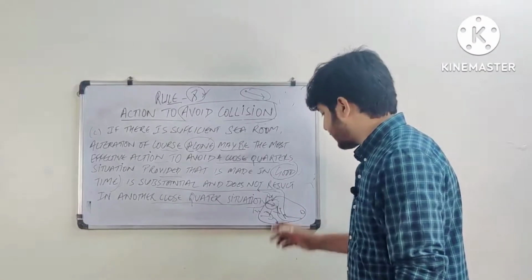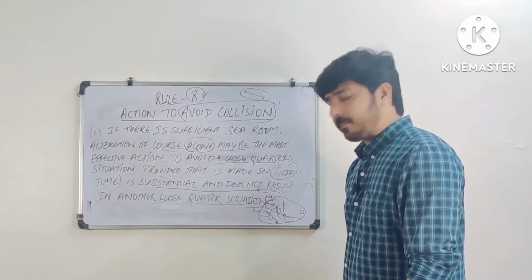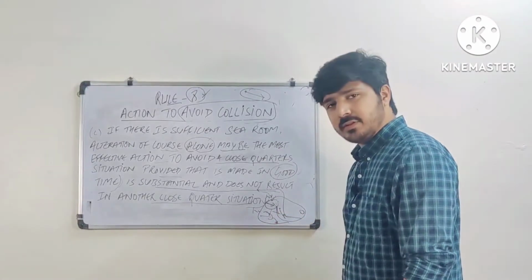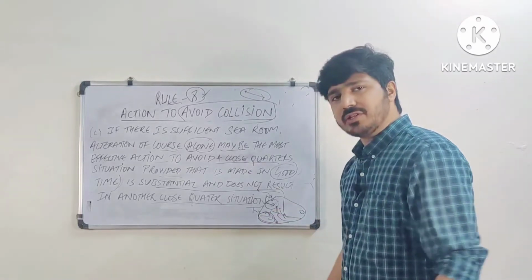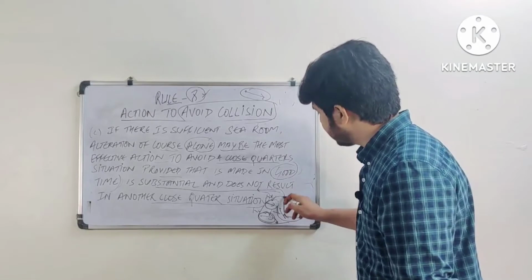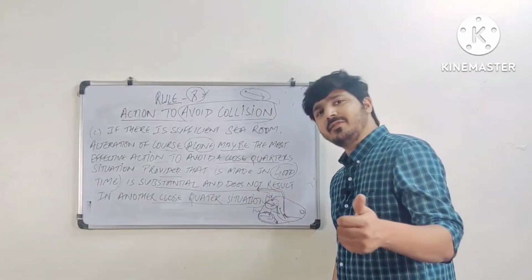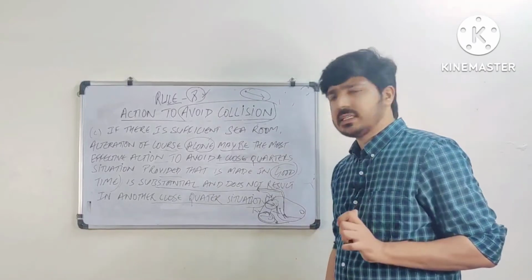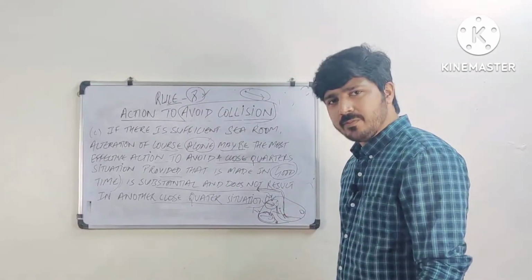This vessel already knows that the other vessel is on your port side. Obviously they will take sufficient action to avoid the collision, but it's not that you do not take action. You have to take the action like this, or else the other thing which I told you: you can reduce the speed so they do not come at the same time.